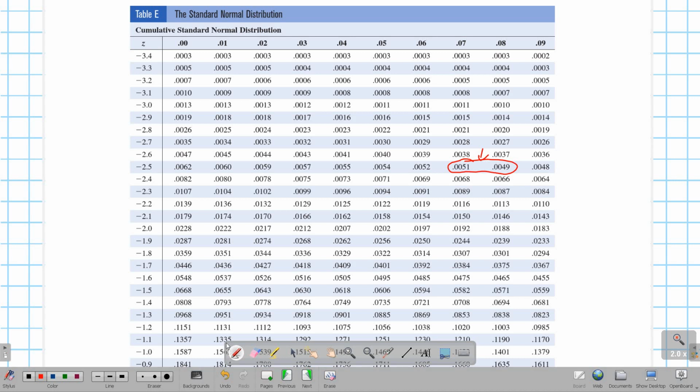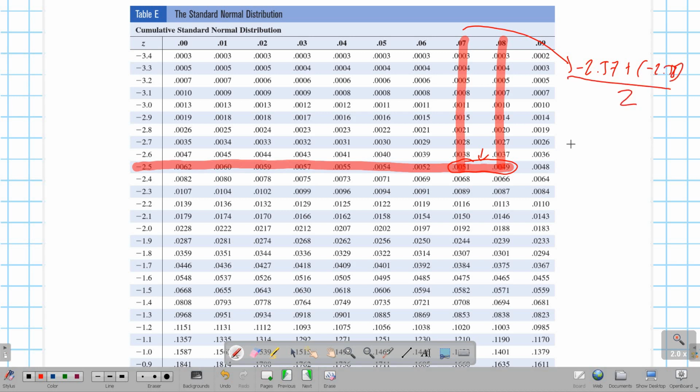And that is from negative 2.57 and negative 2.58. Hence, this one would be negative 2.57 plus negative 2.58 divided by 2. Therefore, the z of alpha over 2 would be positive or negative 2.575.